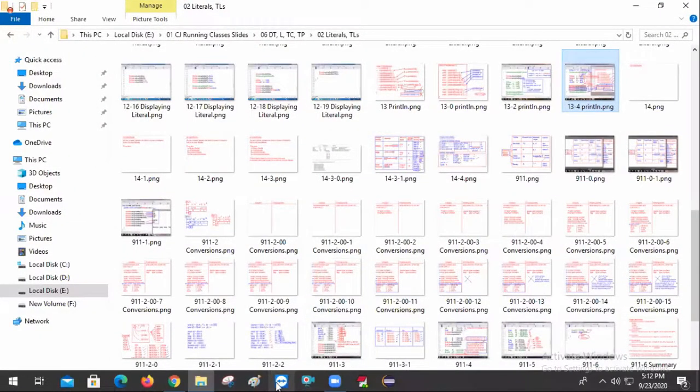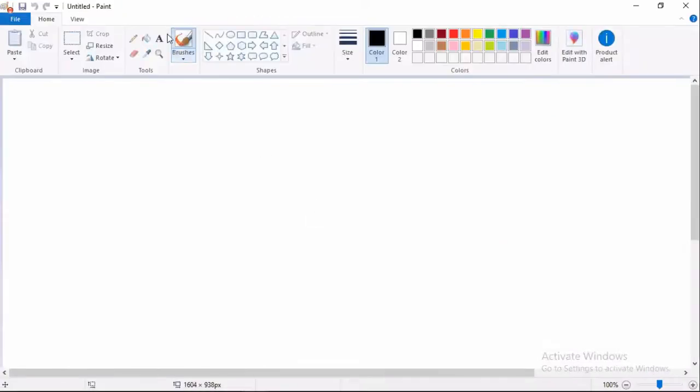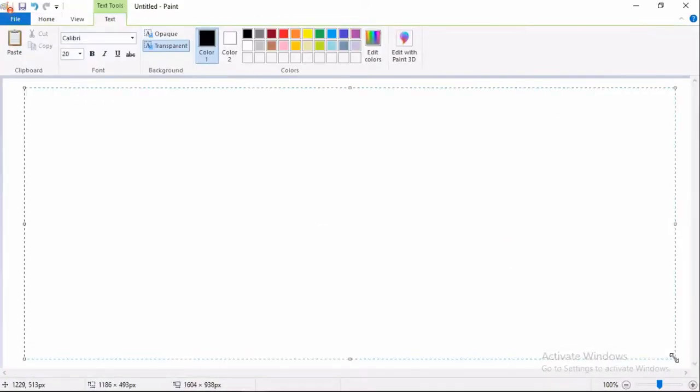Now there is a small point in the Java 7 version. In Java 7, with respect to literals, we have two enhancements. Number one, binary literals. Number two, underscore in number literals.